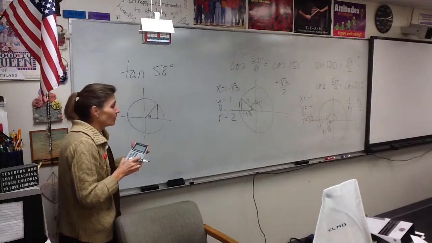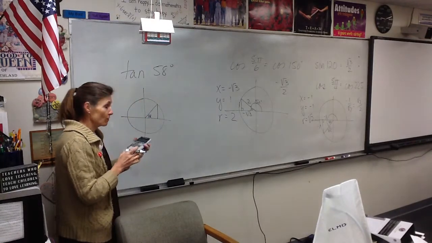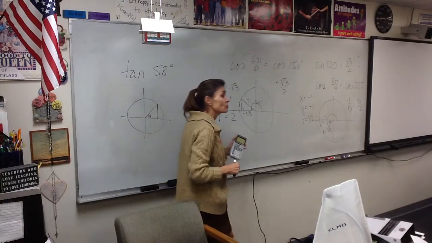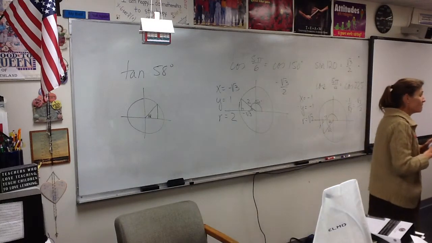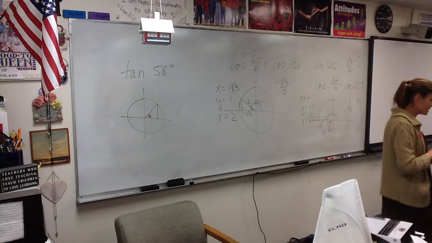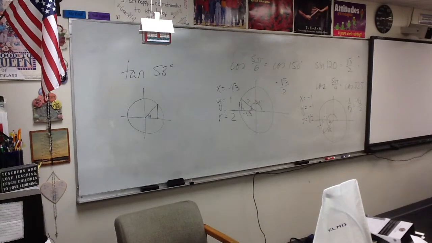It is simple. I don't want to make this an issue. You press tangent 58. However, you do have to make sure that your calculator is in degree mode. This will cause you great grief. If you're not in the correct mode, all of your answers will be wrong, even if you press the right buttons. So go to mode in the top line, and do you see how one of your options is radians and degrees?